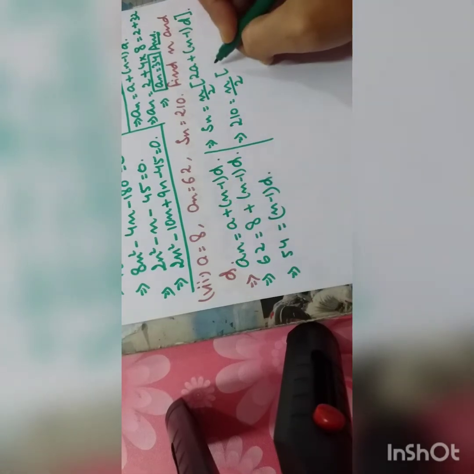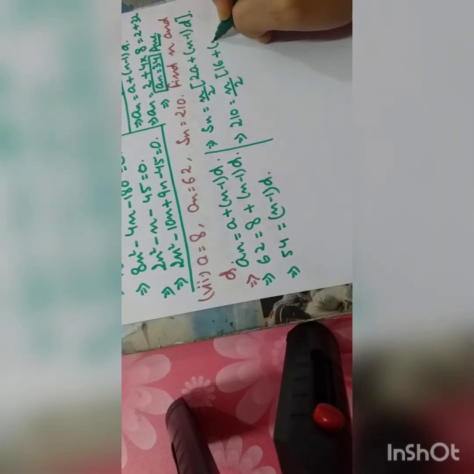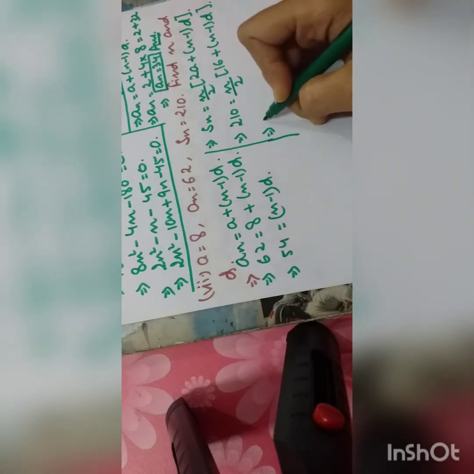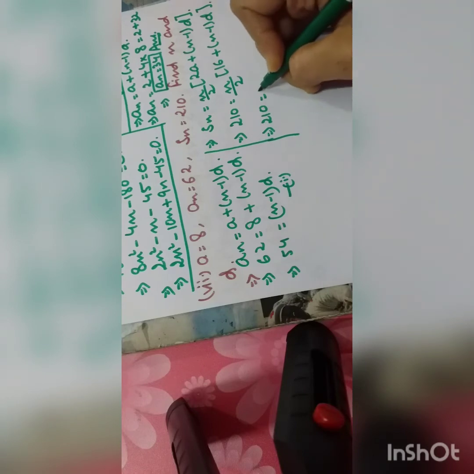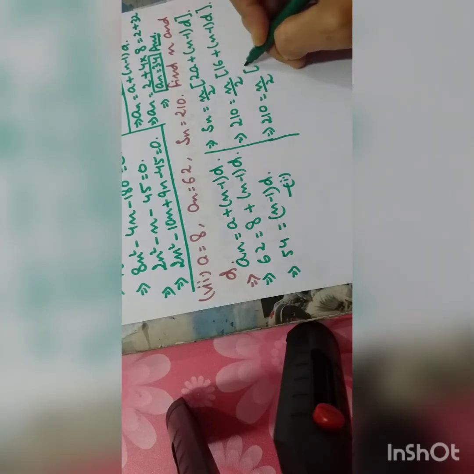So 2 into 8 will be 16, plus n minus 1 into d. This was my equation 1, so 210 equals n by 2 into 16 plus this n minus 1 into d, which is given to me as 54.